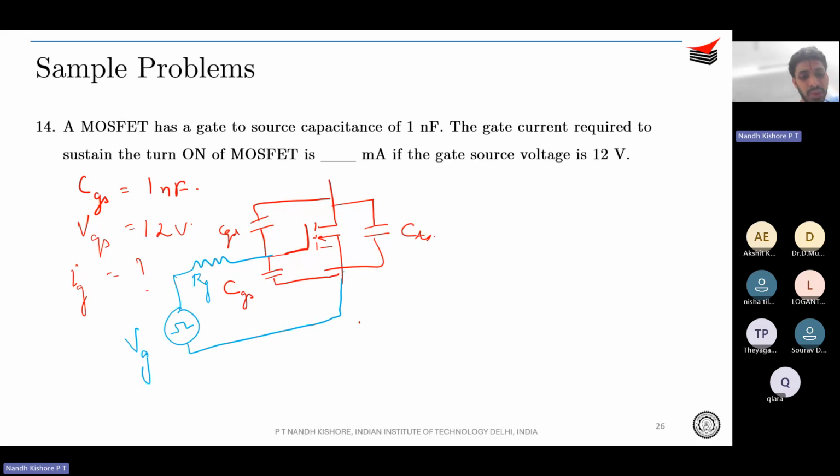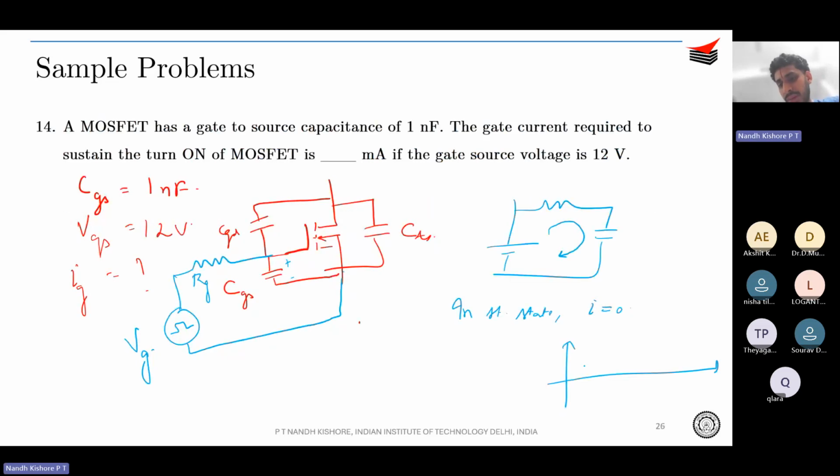So whatever you give over here, CGS is charged to that particular value, correct? So essentially in an RC circuit, in steady state, current is equal to zero, right? Initially there will be current required to charge up this MOSFET, and slowly the current will decay to zero once the capacitor is charged.